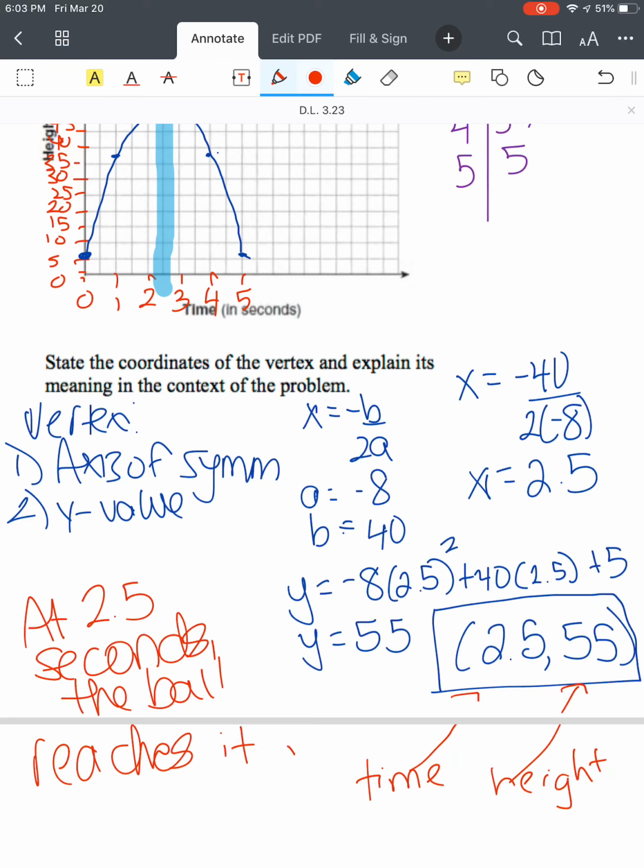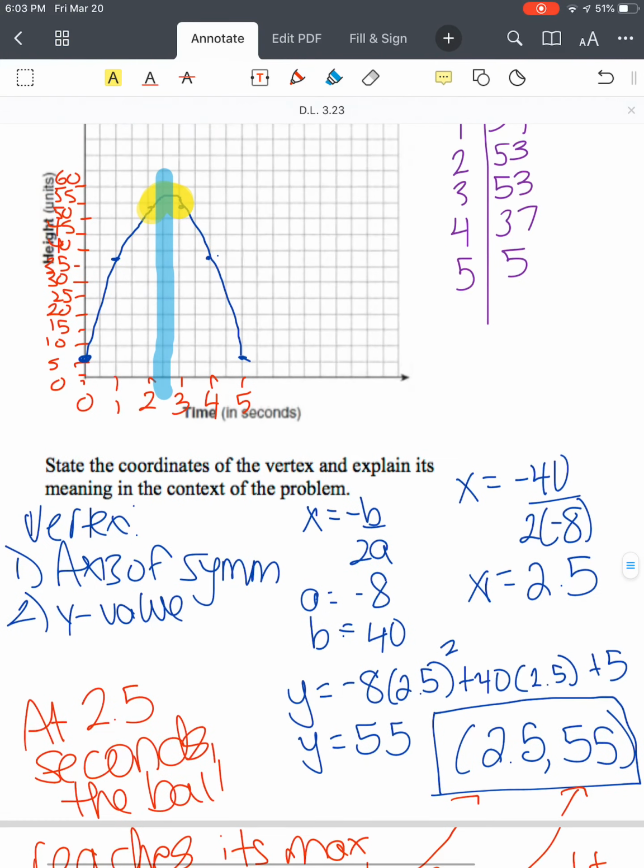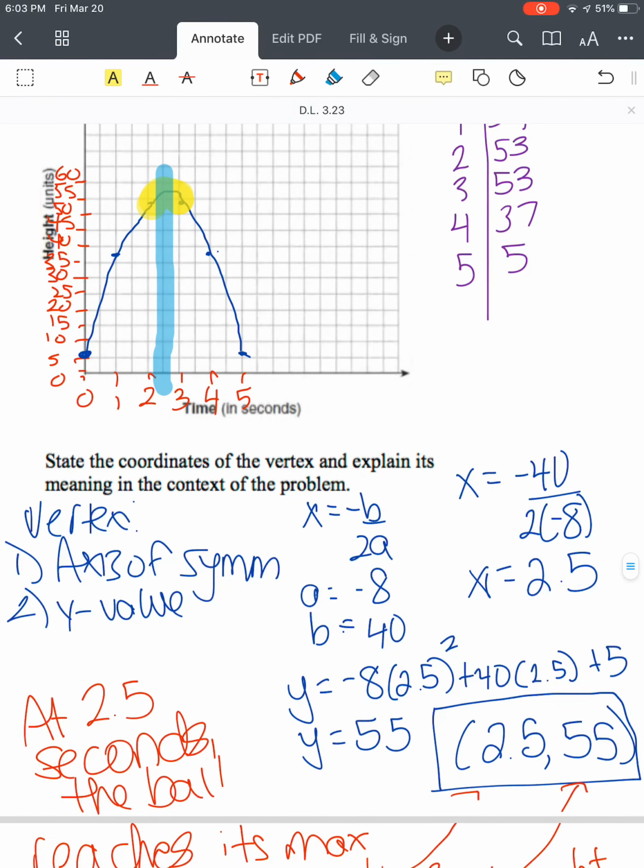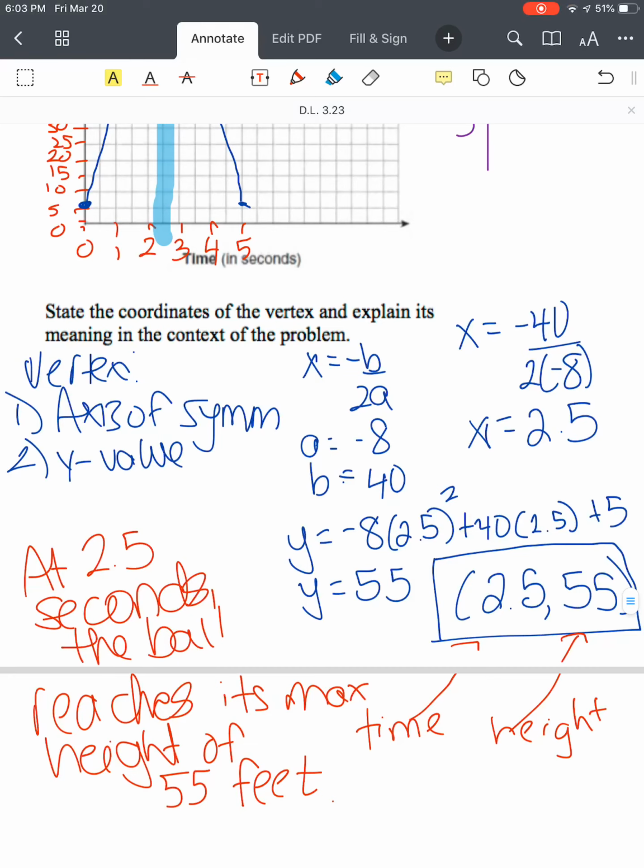And I'm even going to say it reaches its max height of 55 feet. The reason I'm saying maximum height is because we know that the vertex or the turning point is the highest the graph will be. So at 2.5 seconds, the ball is at its maximum height, which is 55 feet.